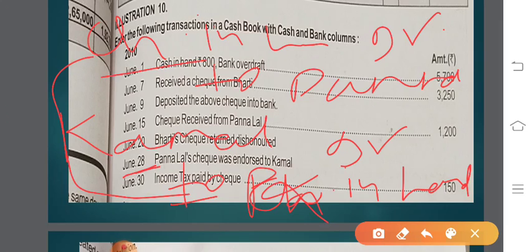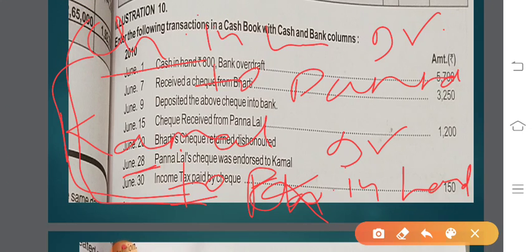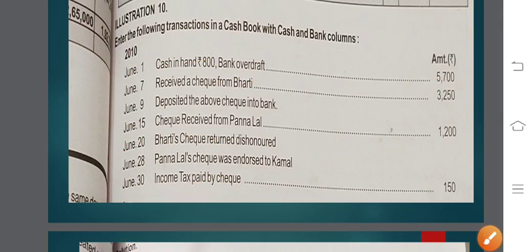Technically the entry that is left with us is Kamal's account debit to Pannalal's account. But we are not going to show in that form, we'll be representing in this form only. But since there is no effect on cash or bank in any of these transactions, there will be no entry recorded in the cash book, neither on 15th June nor on 28th of June. Right, students? Moving towards the next point.